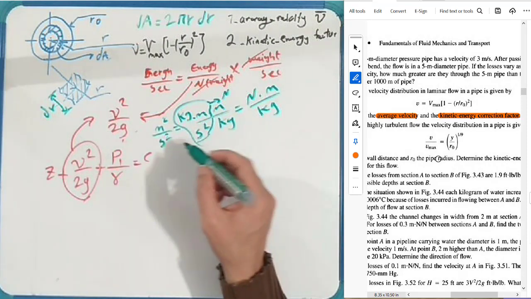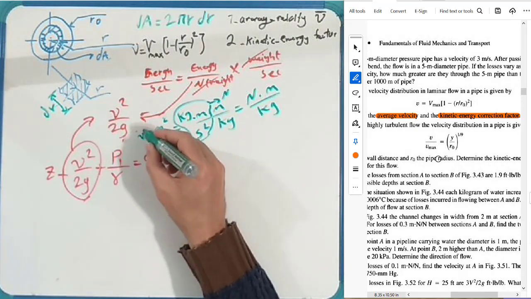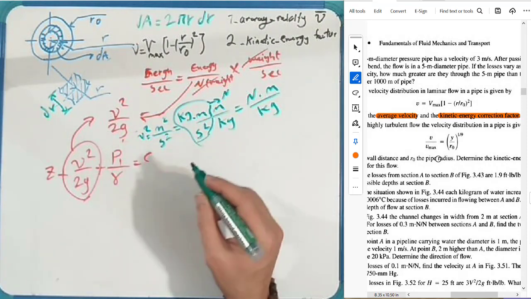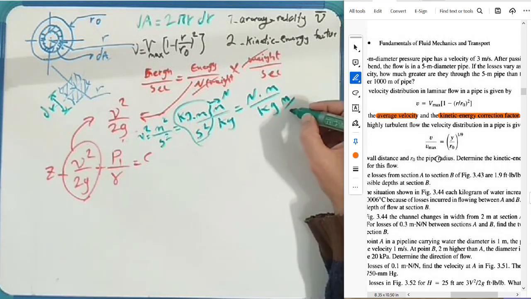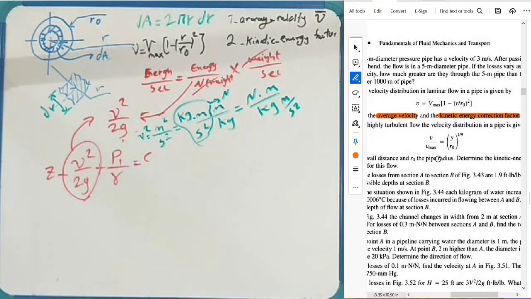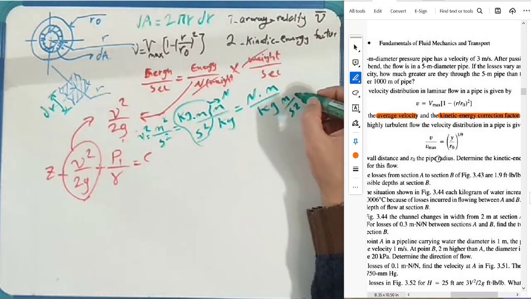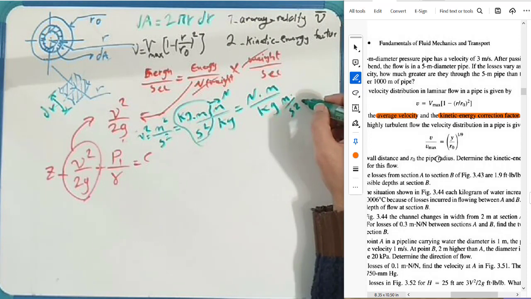But it is with v squared. Okay, but we have a g here, so the unit of g is meter per second squared. If I want to use it, it will be a kilogram here, a kilogram here.